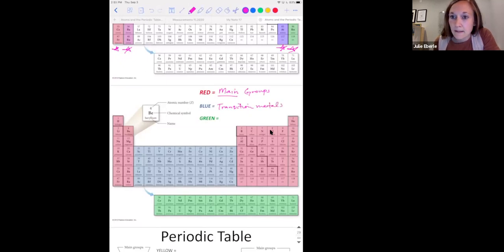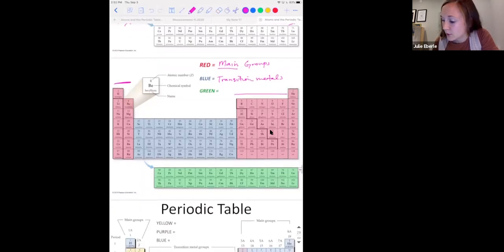These are also groups, but they're groups of transition metals, and so we don't count them among the main groups. That's why they're not red. We count transition metal groups differently than we count main groups. The main groups are just this portion over here and then these 2.